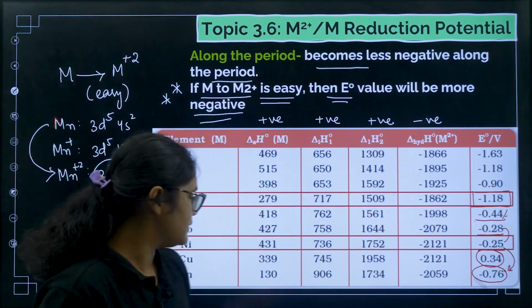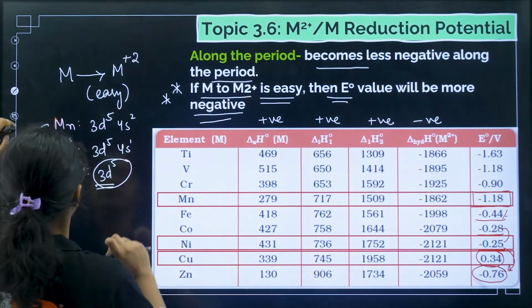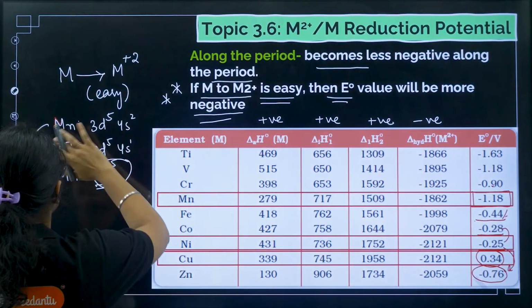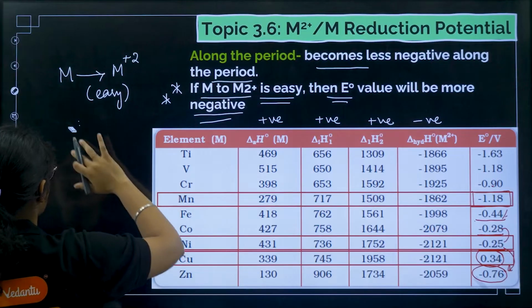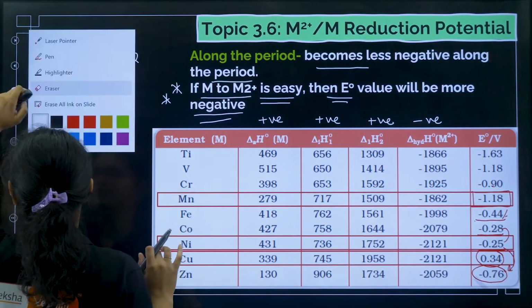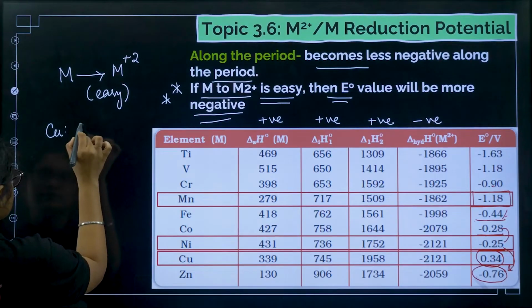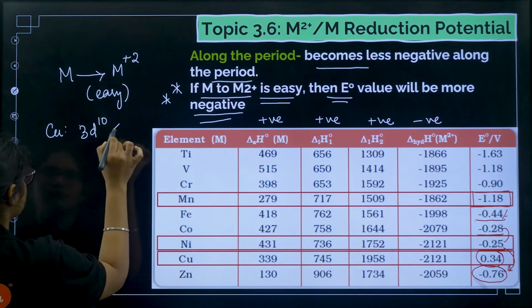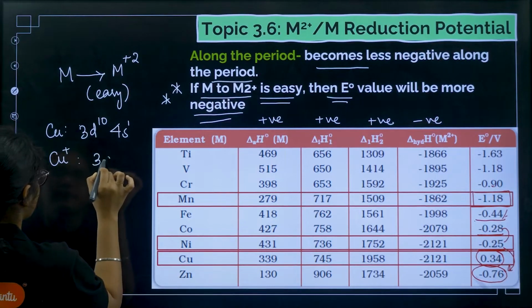Okay, now coming to copper. So I will erase this part. Except for nickel, all the others are a game of electronic configuration. If you see copper, the electronic configuration is 3d10 4s1. Copper plus is 3d10.